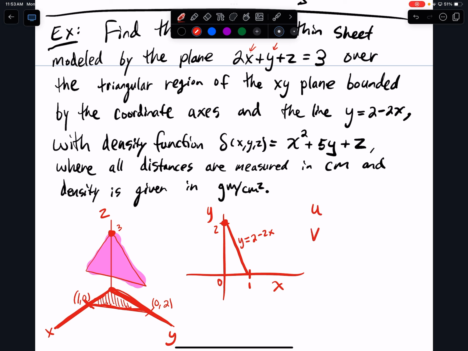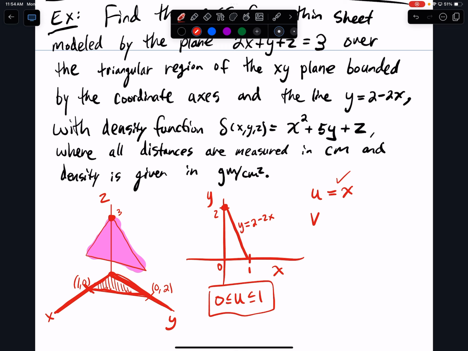Well, the u could just be the x. Okay, u could be x, and so that means we're going to have u between what and what? Oh, 0 and 1. 0 and 1, good. Okay, u can be x. Now what about v? That would also need to be between 0 and 1 because you're scaling, I guess. Okay, so v would be between 0 and 1.